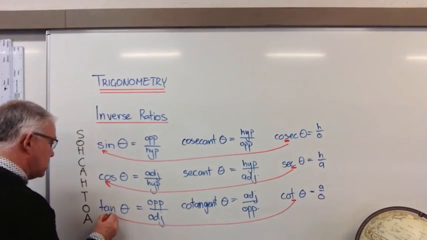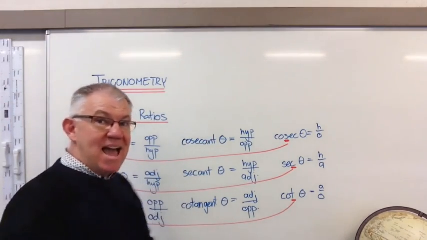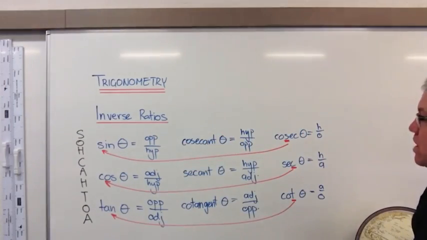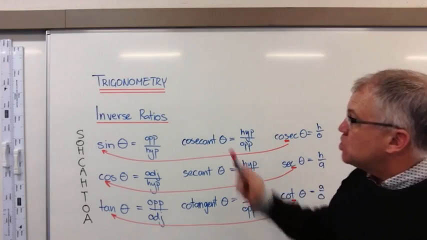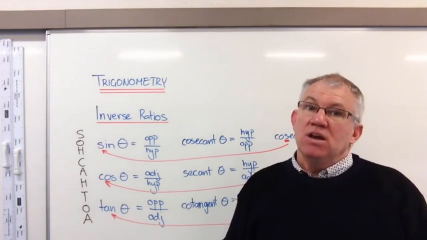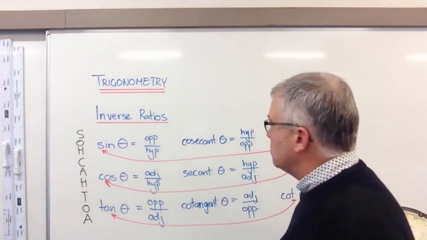That's the little trick I would use to remember which inverse ratio goes with which original trigonometric ratio. Okay, we'll be using that also in terms of manipulating the ratios within the right angle triangles that we're dealing with in trigonometry.